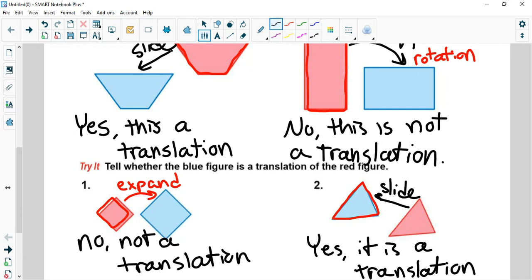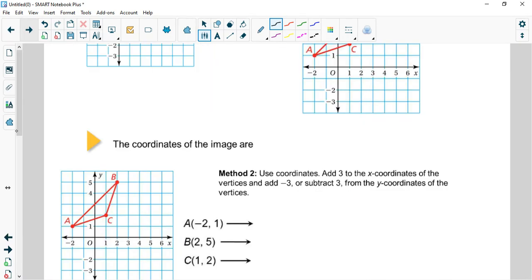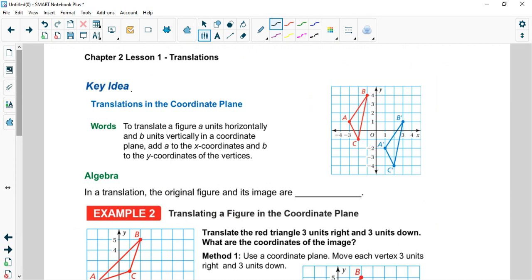We're going to go ahead and move into now how do we use coordinates for a translation, as well as can we perform a translation on the coordinate plane. Key idea: translations on the coordinate plane.